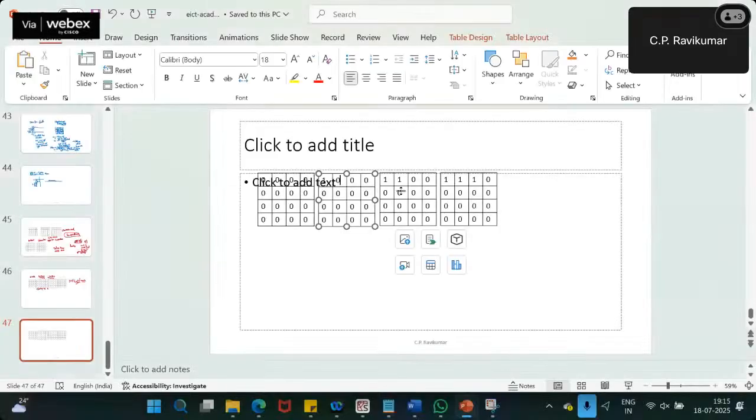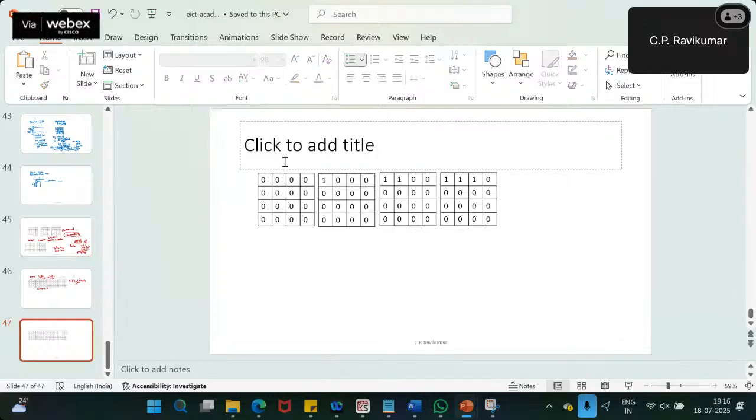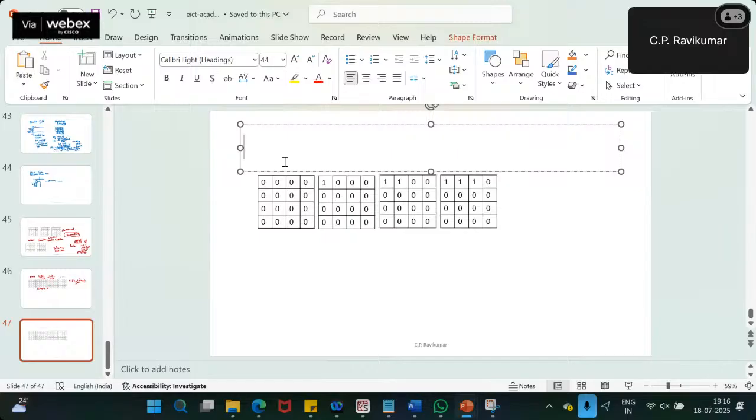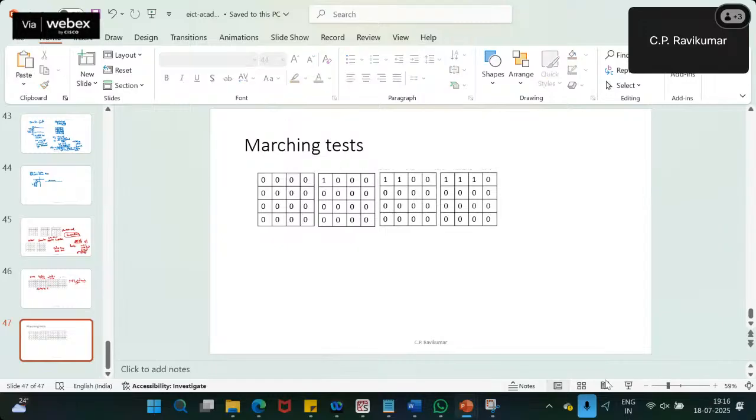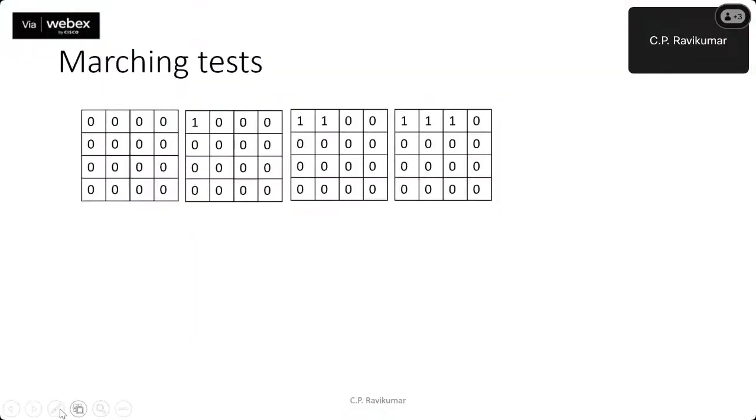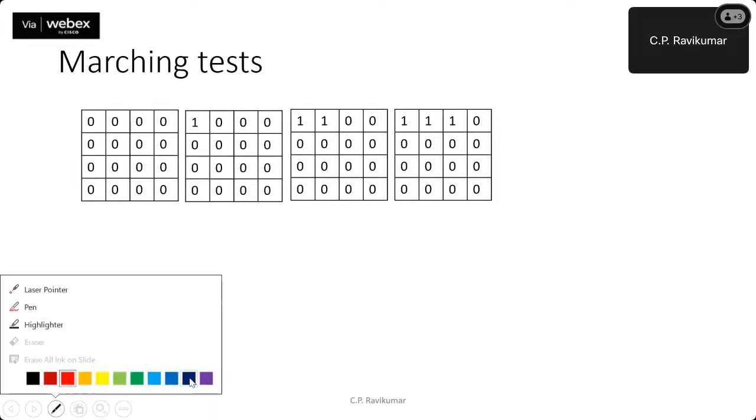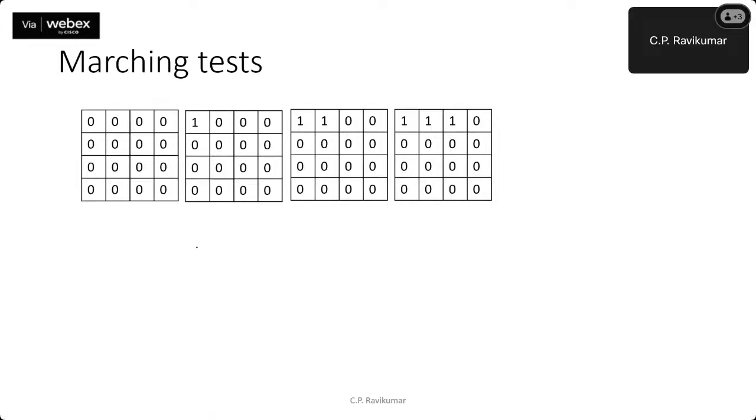So let me show you the notation for marching tests. Marching tests are what is really used. People may not use all these galloping patterns, etc., because they are too complex. But marching tests are the ones which are really used. There is Professor Van de Goor, who introduced a particular notation which says this means in the increasing order of cell addresses.